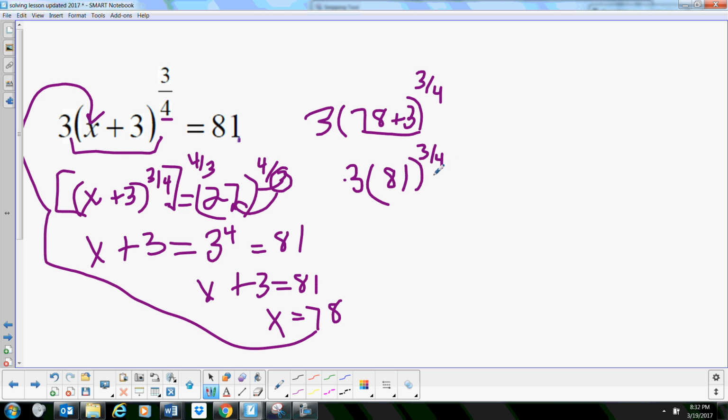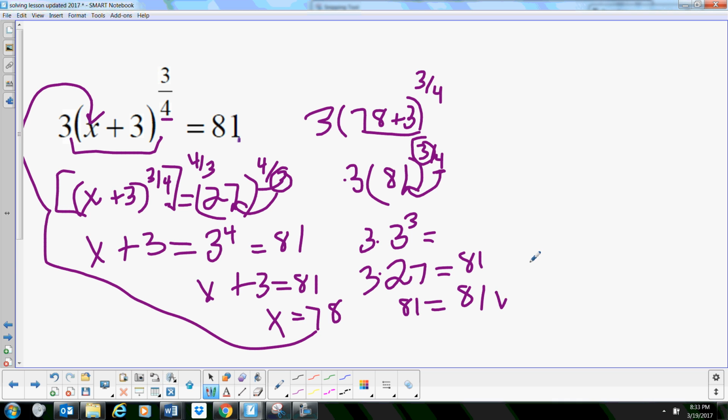So we need to take the 4th root of 81, which is 3, and then we're going to cube it. So the 4th root of 81 is 3, and then 3 cubed is 27, and then 27 times 3 is 81. So is 81 equal to 81? And the answer is yes. So that is a good solution.